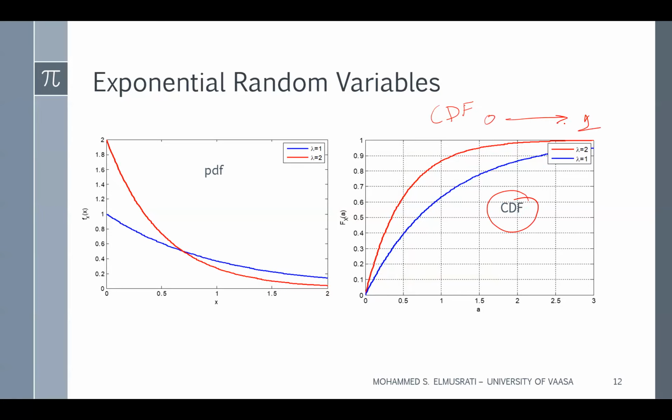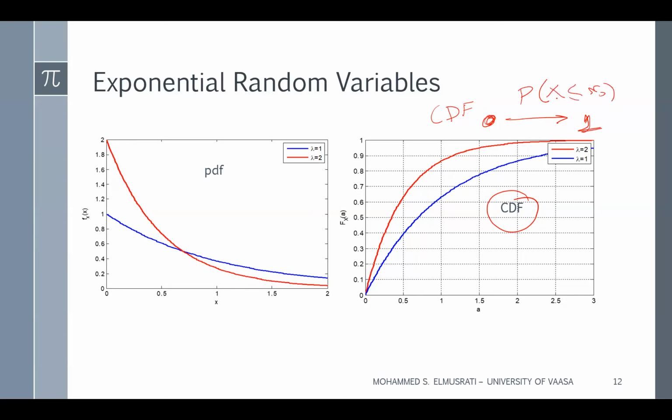You have to take this as a rule: starting from minus infinity, where the random variable is minus infinity, the CDF will be 0, and when it approaches infinity, it will approach 1. Because the CDF is the probability that x is less than or equal to a certain x0.